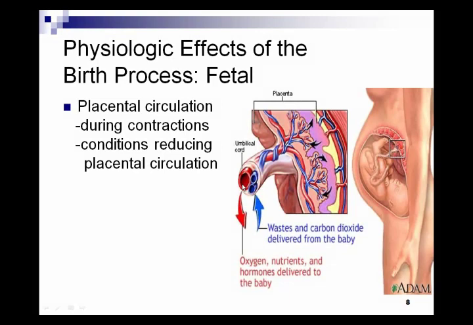Remember, we have one vein, two arteries. Just think of the baby's name as Ava, AVA. And then as it squeezes, there's less blood flow during a contraction.